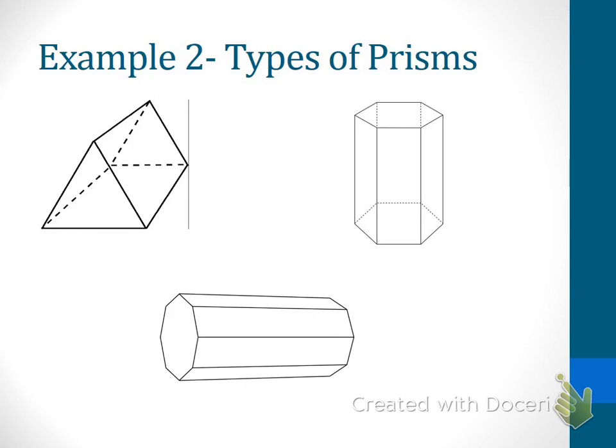Okay, so the top right one had 1, 2, 3, 4, 5, 6. So it's a hexagonal, and then 1, 2, 3, 4, 5, 6, 7, 8. Octagonal, very good. So those are your shapes.